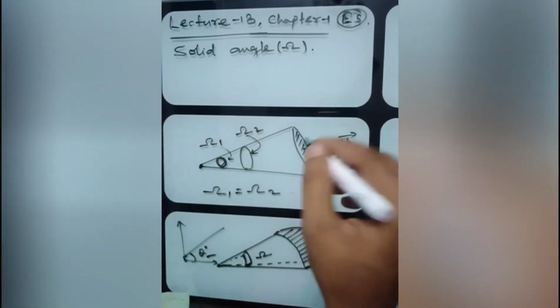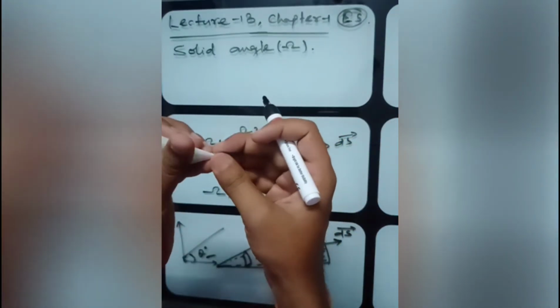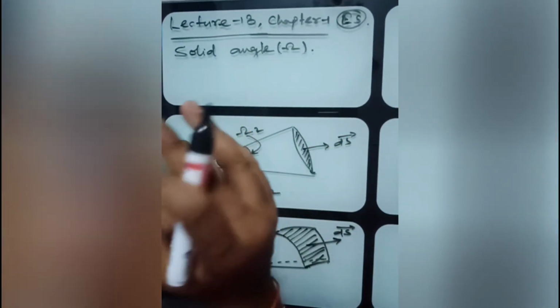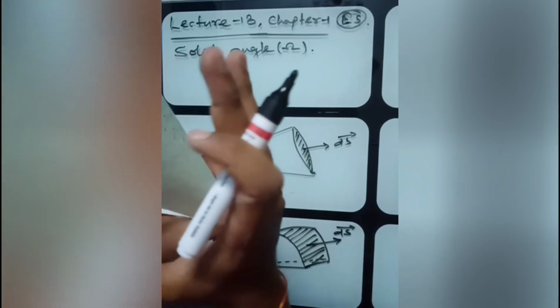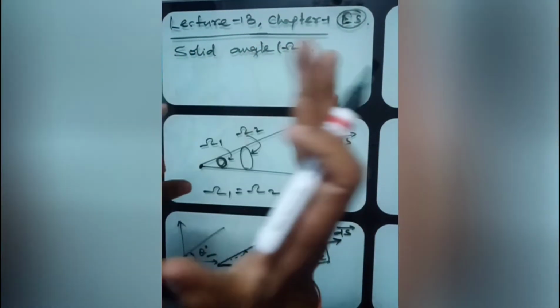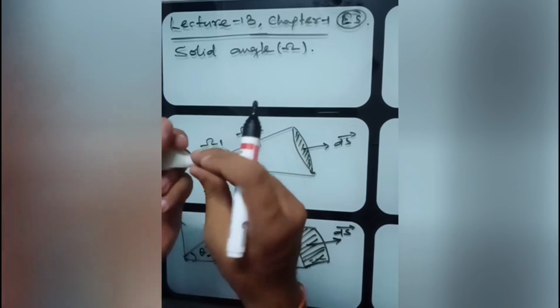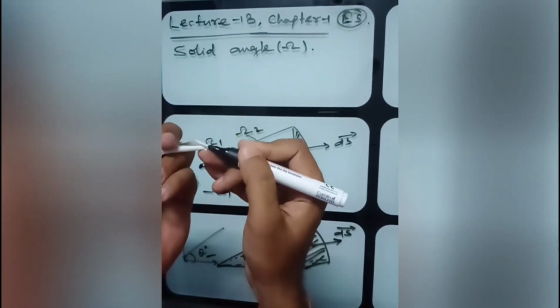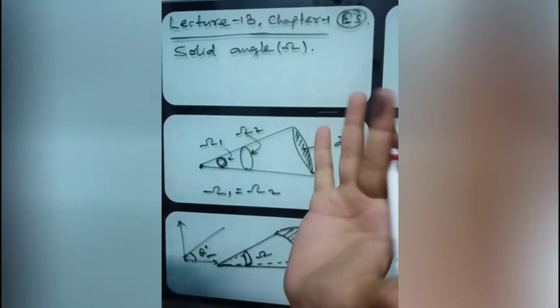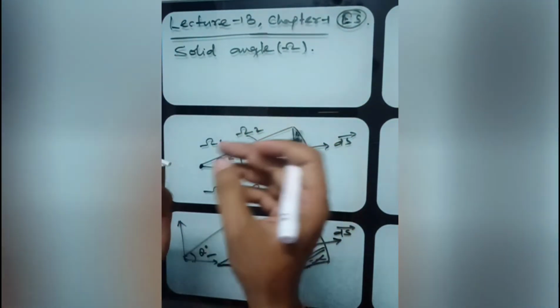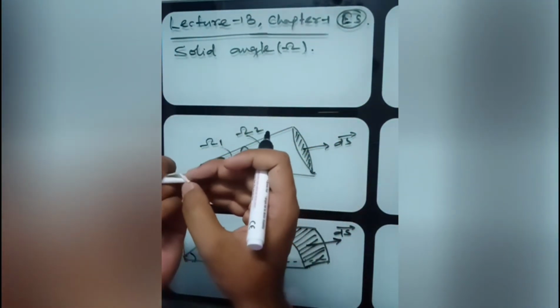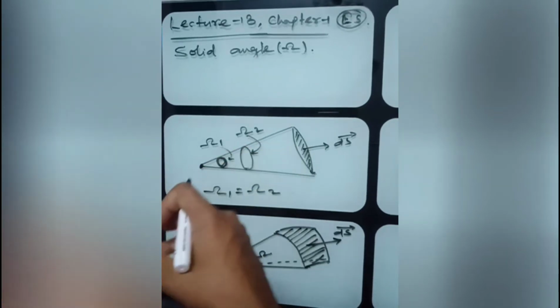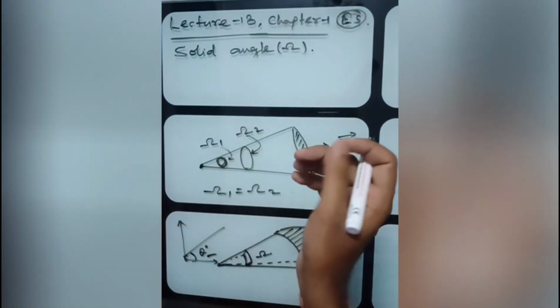So what will be the maximum angle about this point? The maximum angle is the number of cones you form to completely hide this point. You need to make a sphere. The sphere only encloses that point completely, and then you will have the solid angle in this way, students.